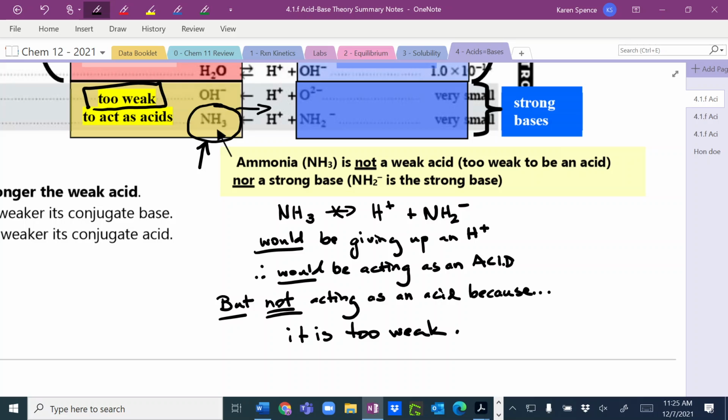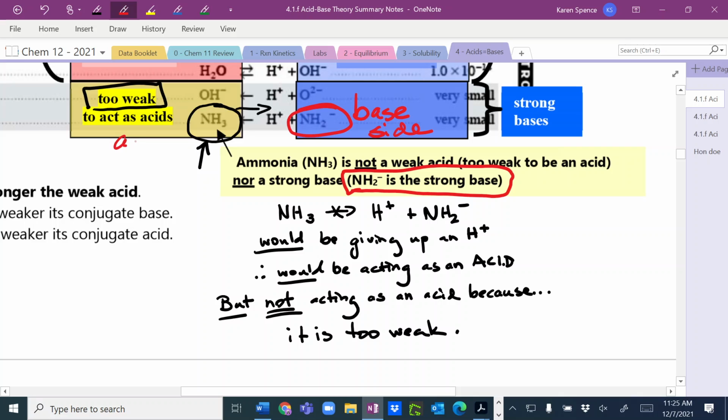Okay? NH2 is the strong base. Here it is right here, and it's on the base side. This is on the acid side. These are extremely weak acids on the left and extremely strong bases on the right.